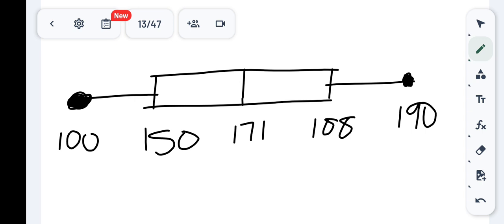Please note that they can ask you to comment on the skewness of the data. There is positively skewed and there is also negatively skewed.